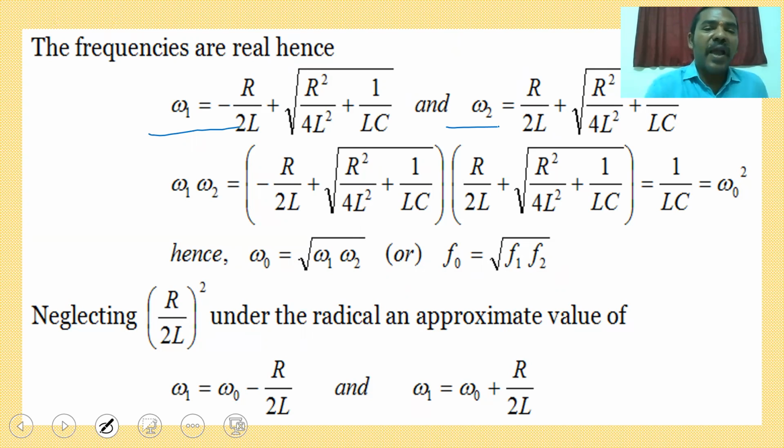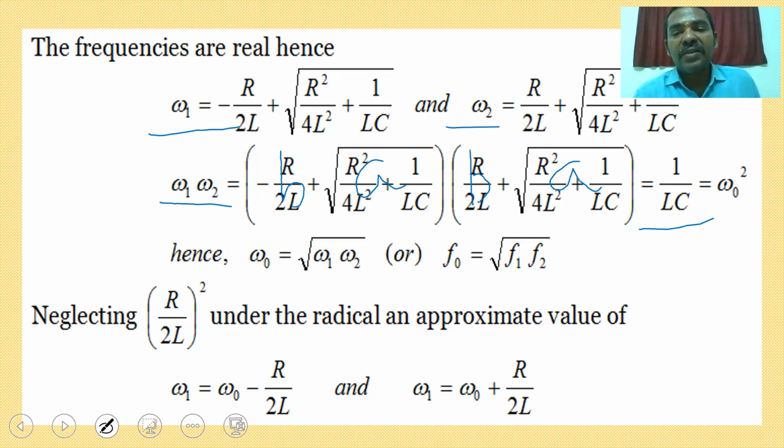So if you multiply omega 1 and omega 2, they are complex, in the sense (A plus B) into (A minus B). So finally you can get 1 by LC. A minus B and A plus B give A square minus B square.